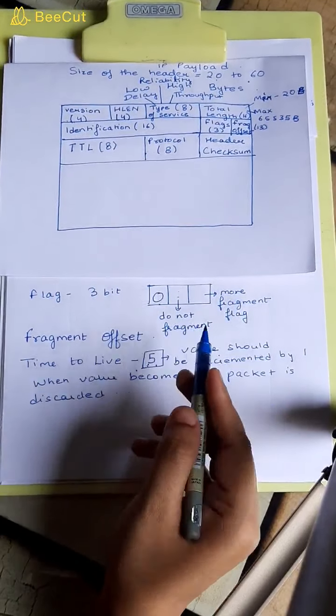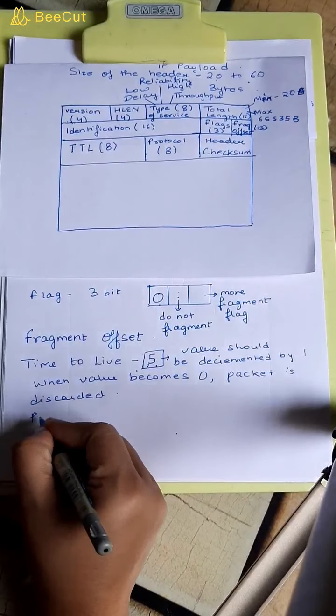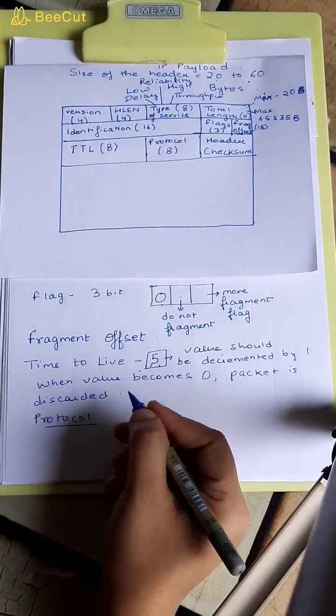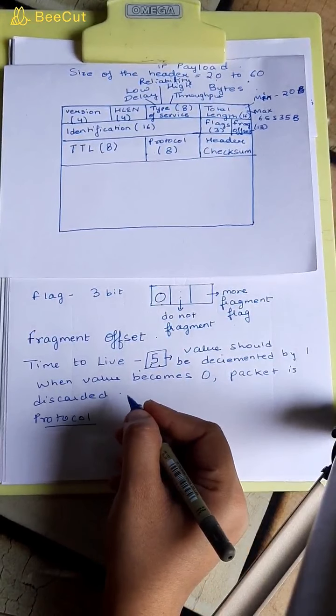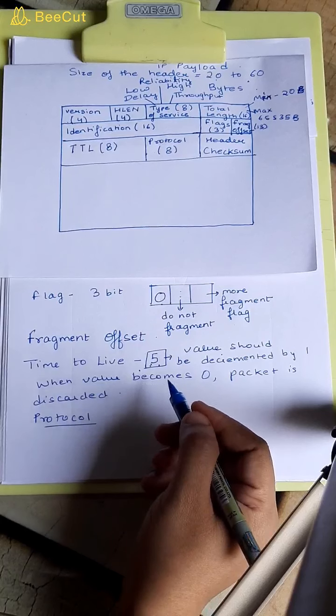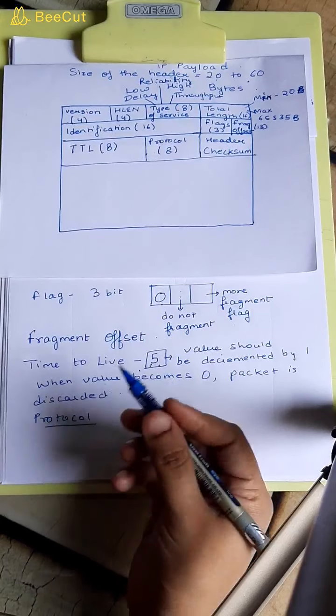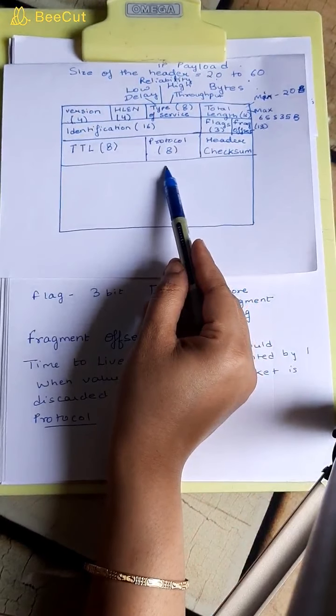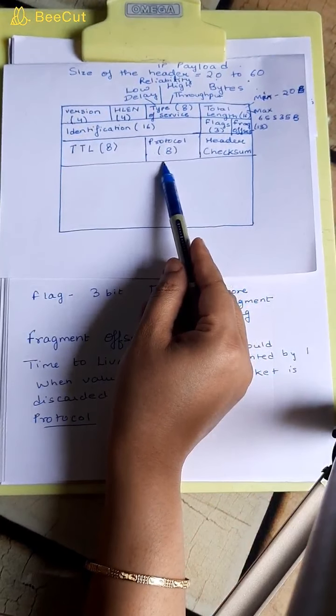Next field is protocol. It is of 8 bits again. So the protocol field tells the network layer at the destination host to which protocol this packet belongs. Okay, what is the next level protocol? So this will tell whether the protocol which you are using is TCP or UDP.